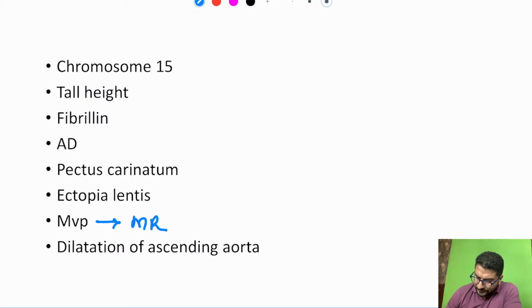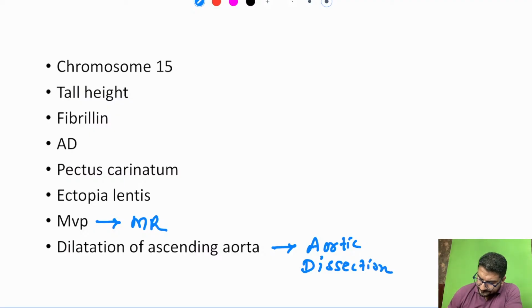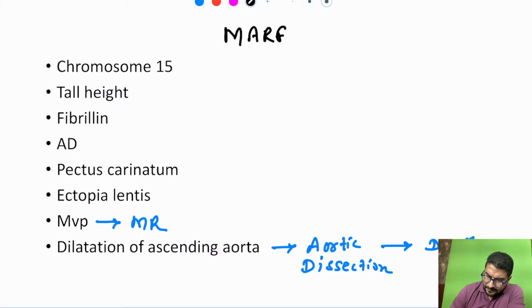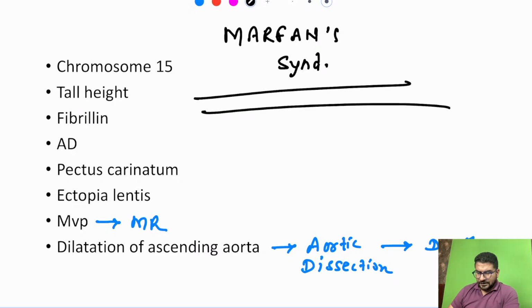And there is dilatation of ascending aorta which will cause aortic dissection, and aortic dissection is the cause of death. So these are all the MCQs which you have to remember on Marfan syndrome.